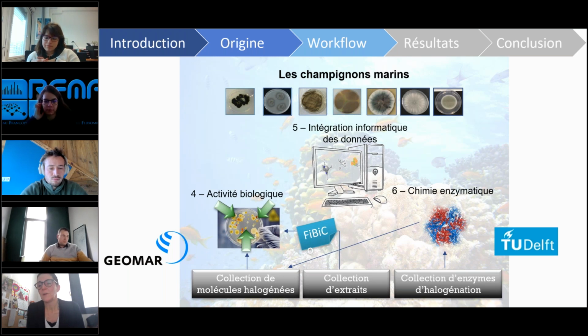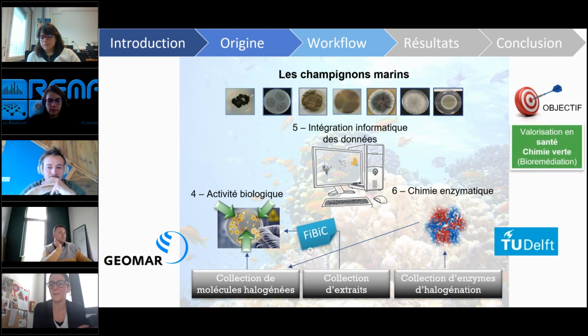And finally, because we have an enzyme collection, we can also use this in green chemistry to produce new halogenated molecules. This part has been done in collaboration with the team of Frank Roman at TU Delft, in the Netherlands.